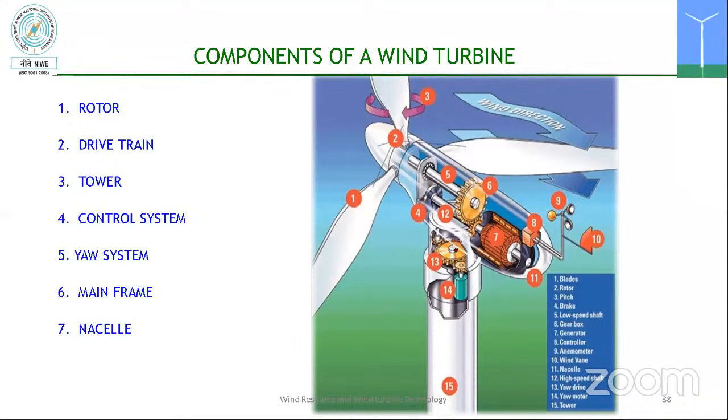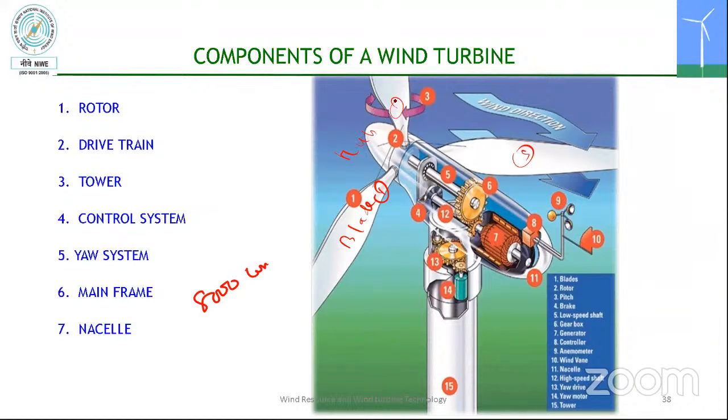Now you can see the turbine. The wind turbine has more than 8,000 components. But these are the major components, like the rotor. Rotor is nothing but the blades. One, two, three, so three blades. This is called the hub.